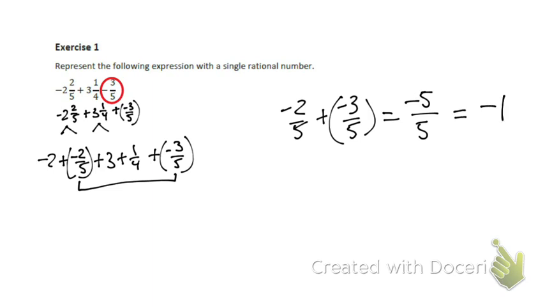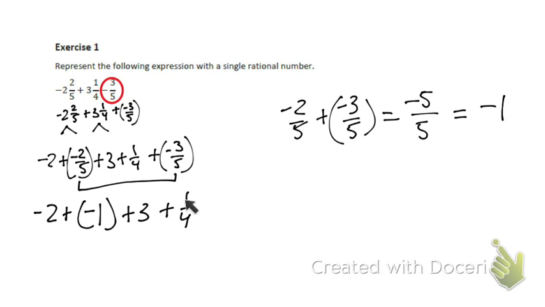So back to the problem over here, we combine these two. That's why I drew those two little marks, to show that those are what we're combining. That makes negative 1. And then I'm going to just bring down everything else. Bring down that negative 2. Bring down that 3. Bring down that 1/4. The problem is a lot easier now because we have a bunch of whole numbers, which are easier to add than fractions, right?